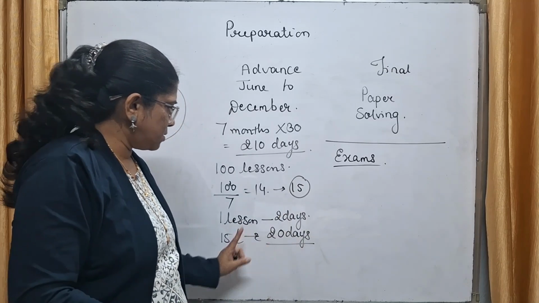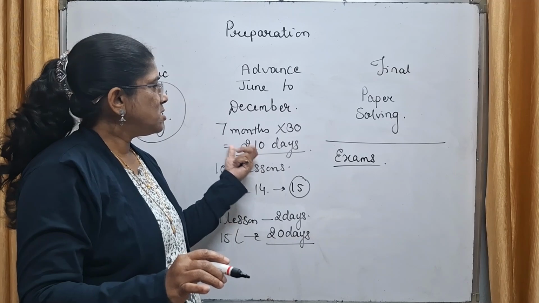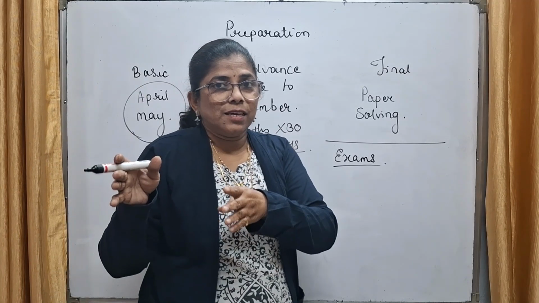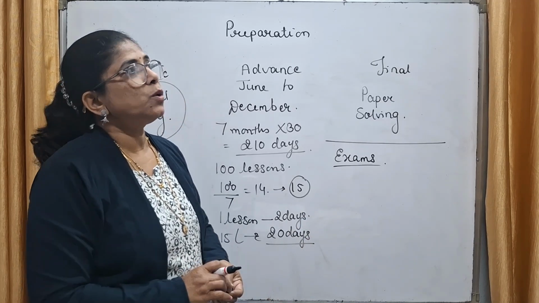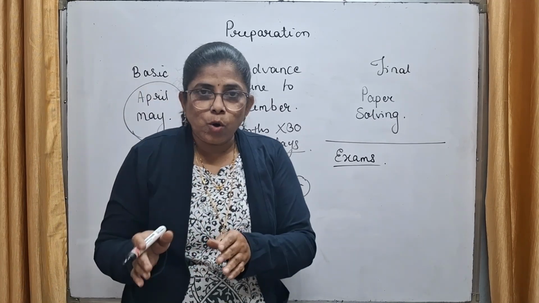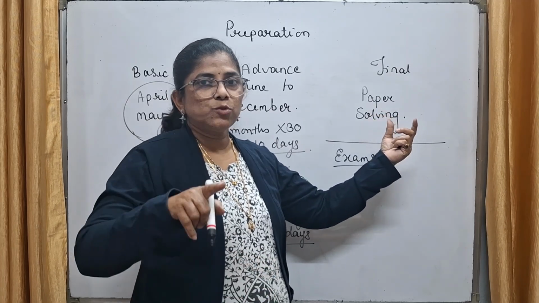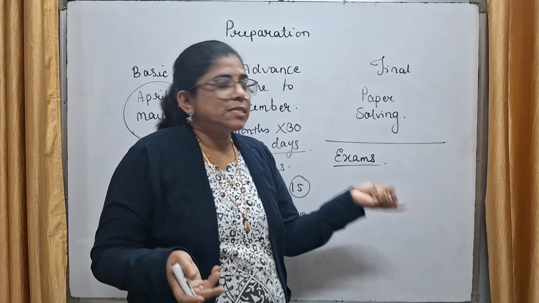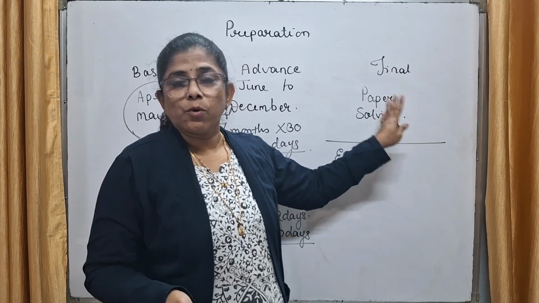So this is the reason why I asked you to leave 10 days per month. Means 10 into 7, we have 70 days in our hand. And apart from these exam days, you can also reserve your weekends for paper solving. And what exactly you have to do on those weekends, as I said, I'll be explaining in the video which will be based only on paper solving.